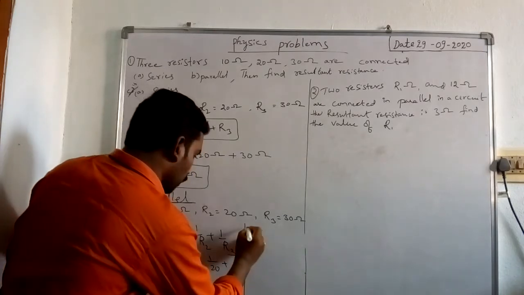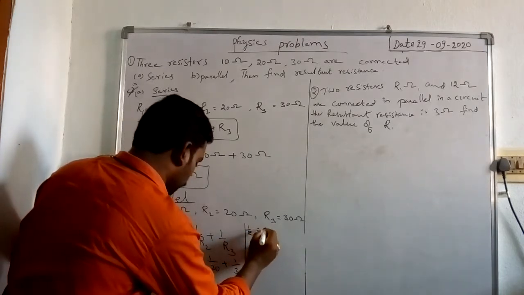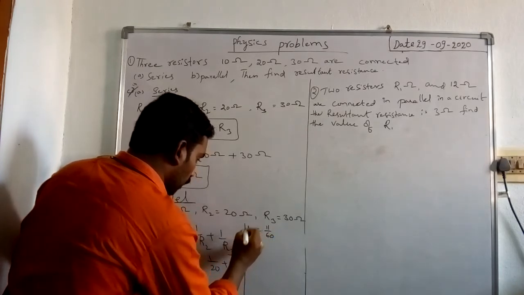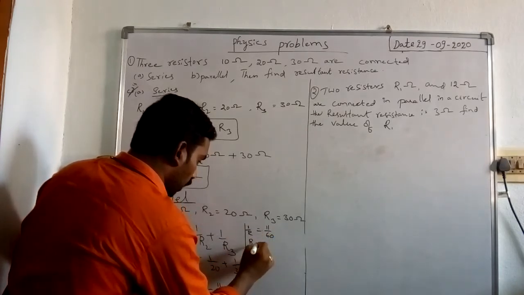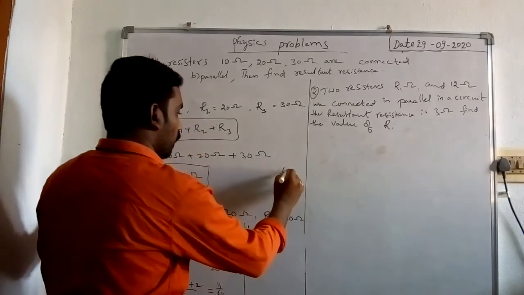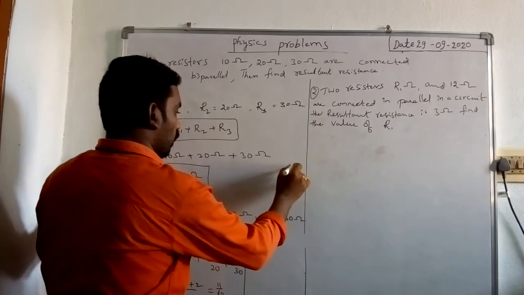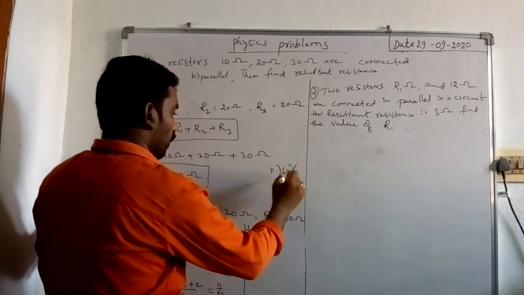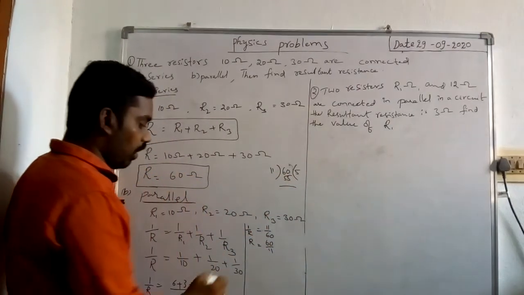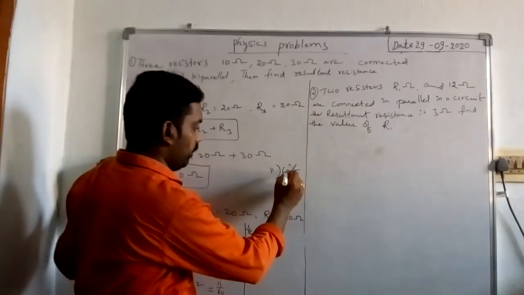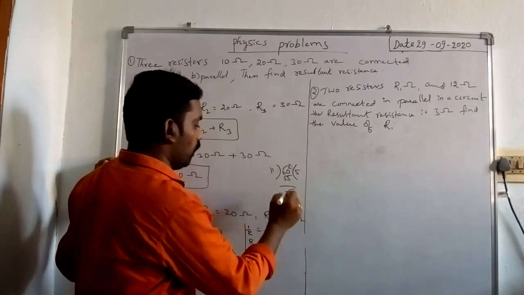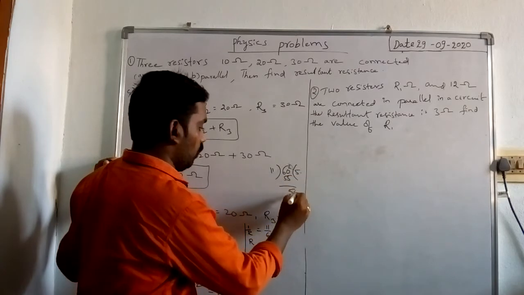Here this is 1 by R equal to 11 by 60. Here reverse it, R equal to 60 by 11. Easy, you will get. 11 5 ja 55. We need a resultant, R equal to, here 5. Take borrow means 5 will get, take 0.